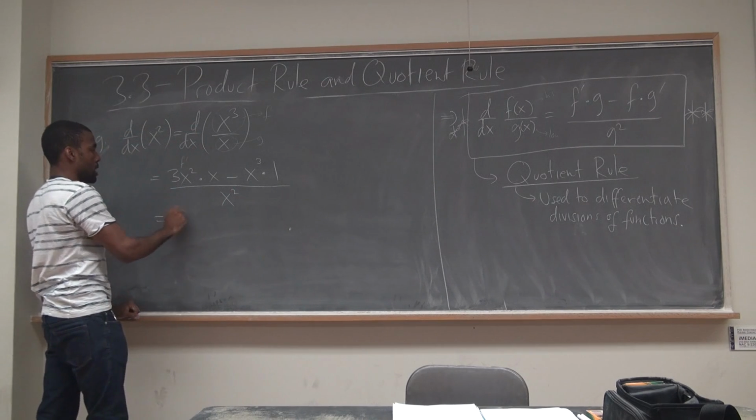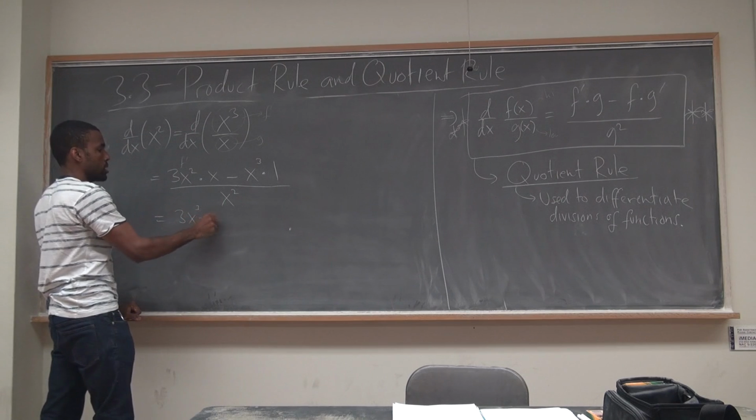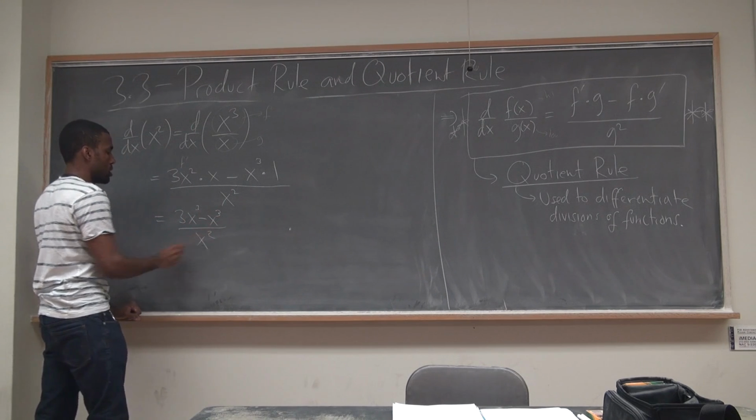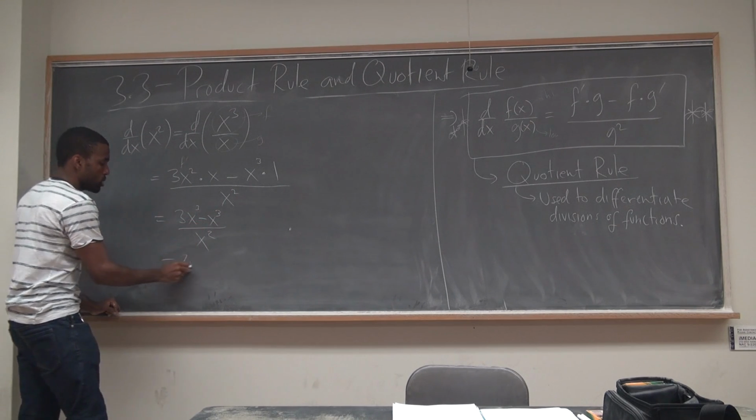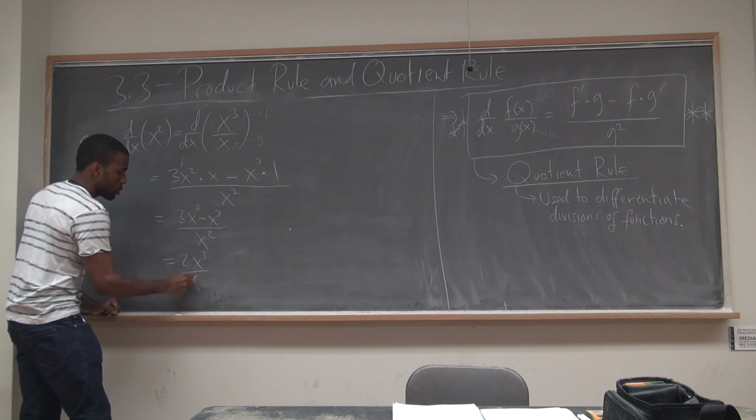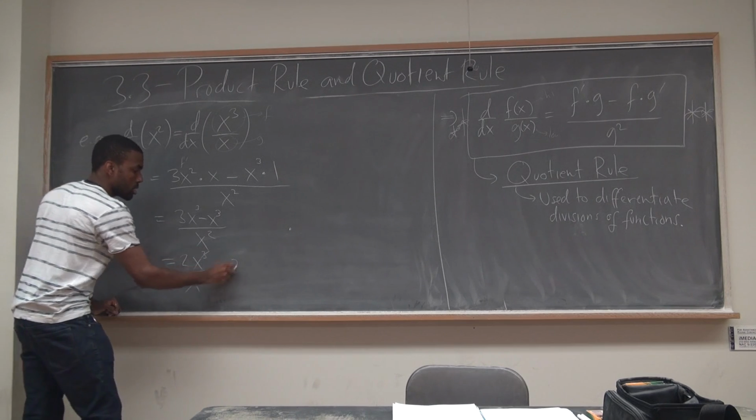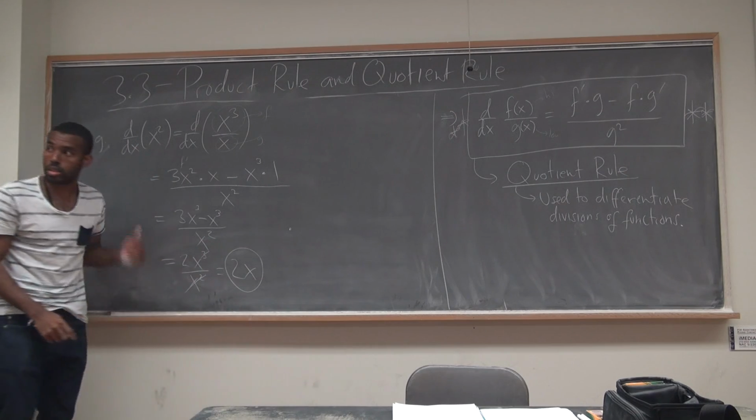So on top, I would have 3x cubed minus x cubed over x squared. 3x cubed minus x cubed is 2x cubed over x squared. x squared cancels to this. I actually get the answer 2x.